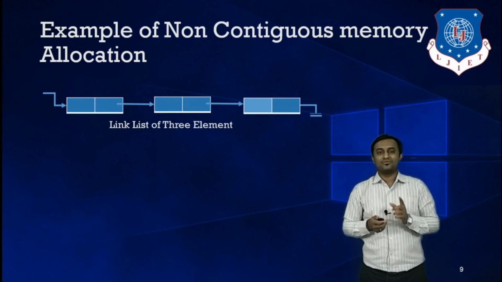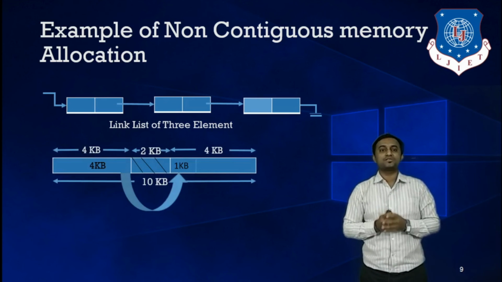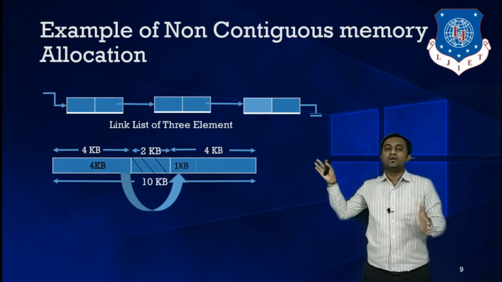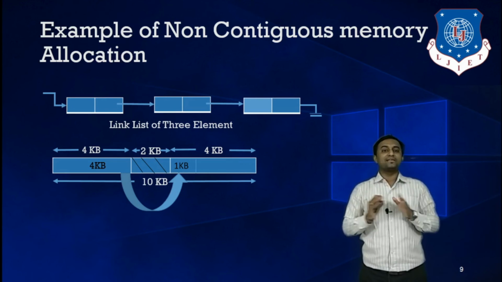Okay, so let us discuss the concept of non-contiguous memory allocation with the help of this example. The same example I have taken. We have 10 KB of space, out of which 2 KB is already reserved, so we cannot utilize that 2 KB.